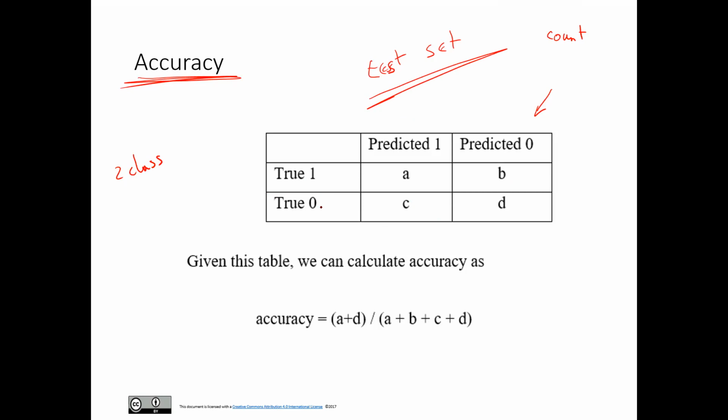This implies that you're going to have a certain number of samples in the test set that are class 1 and a certain number that are class 0, okay? These are the counts of the true 1 and the true 0. This row here represents all the samples that are true class 0.